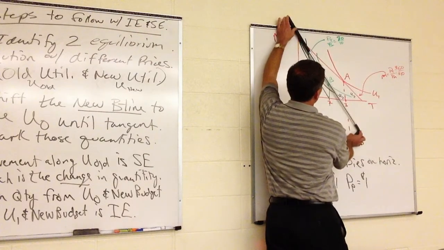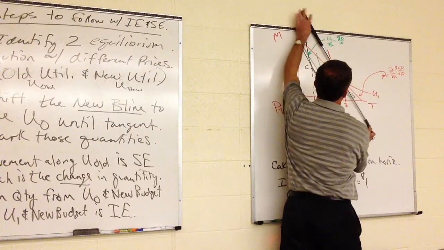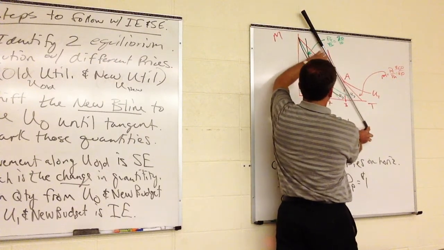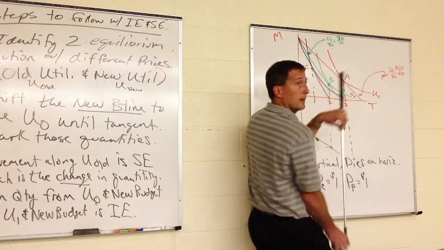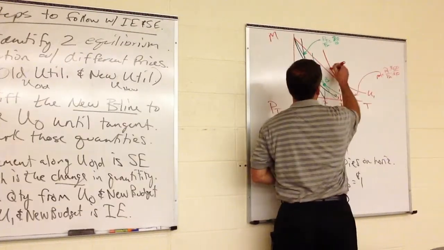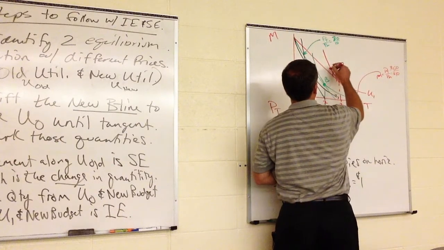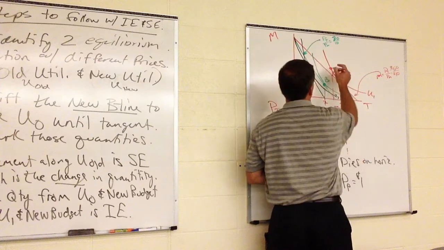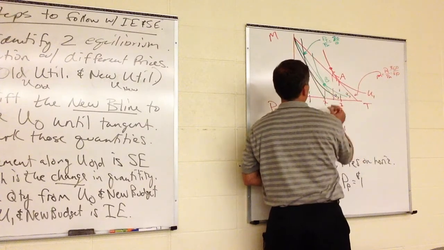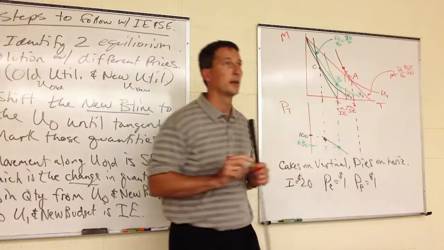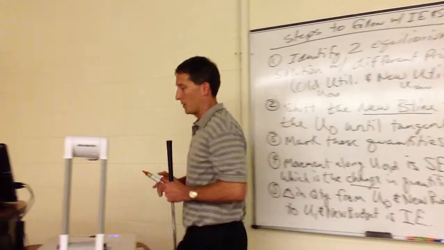Take the new budget constraint, shift it back to the old level of utility: substitution effect, income effect. The substitution effect is this, which translates down here, and then the income effect is the rest of the distance that got you back to where you were, at point B.